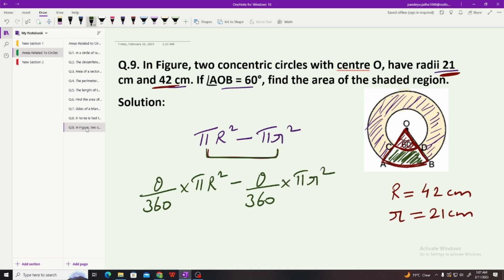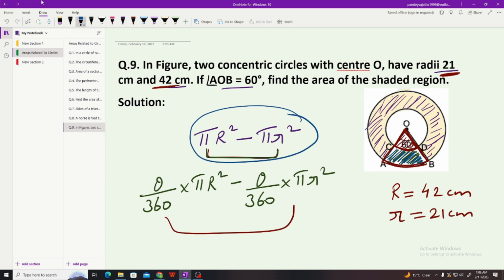If we use this formula, we will get the area of this region. So we are going to subtract the area of this region from this. So I am writing the formula again finally.